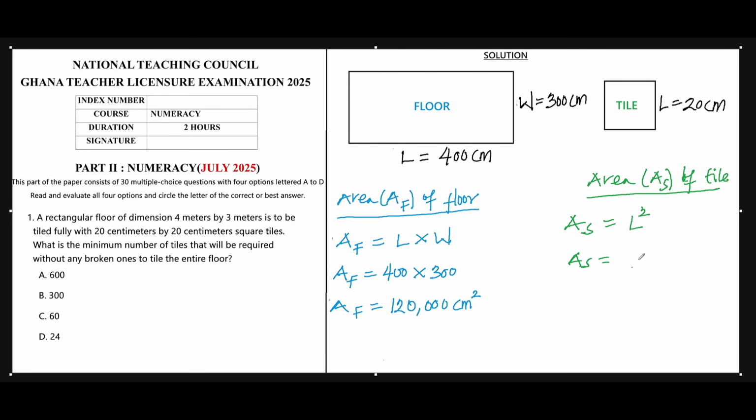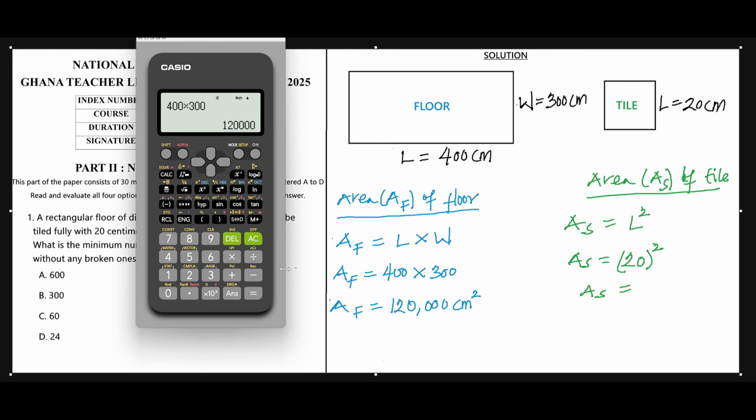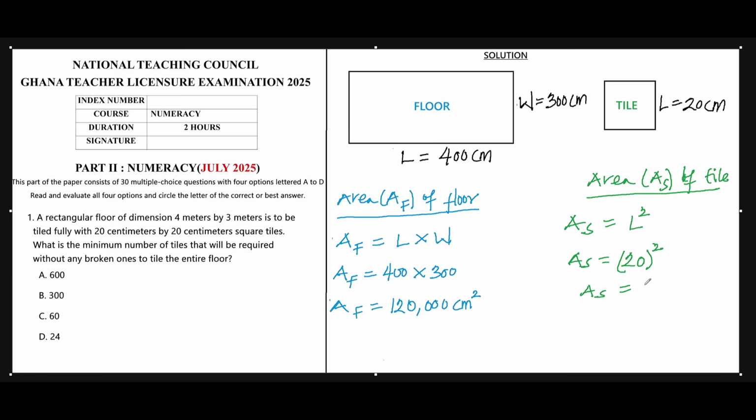And then we know that the length of the square tile is 20. So we have 20 centimeters squared. So what is 20 centimeters squared? 20 centimeters squared, 400. So the area of the square tile is 400 centimeters squared.